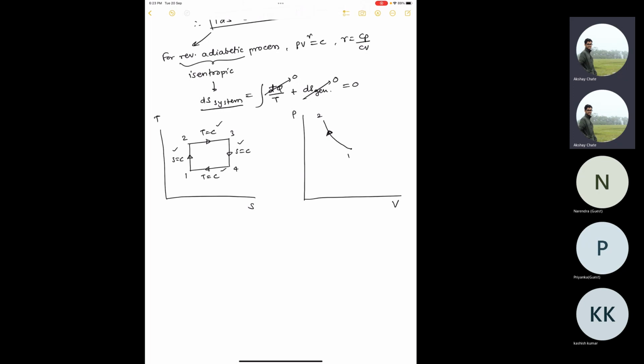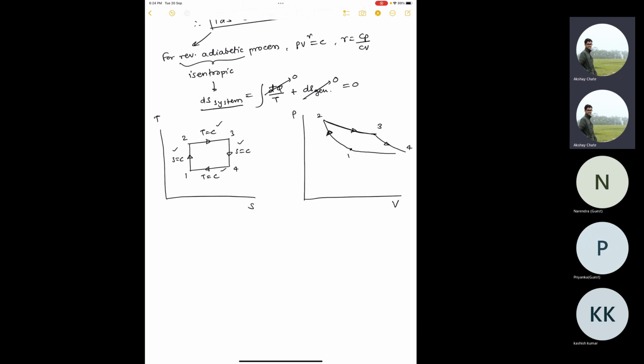Then you have the isothermal process, so it will go like this. It will not be a linear line, it will be something like this only. It will be 3. Again, it's an isentropic expansion, 3 to 4. So it will look like this, and you'll arrive at 4.